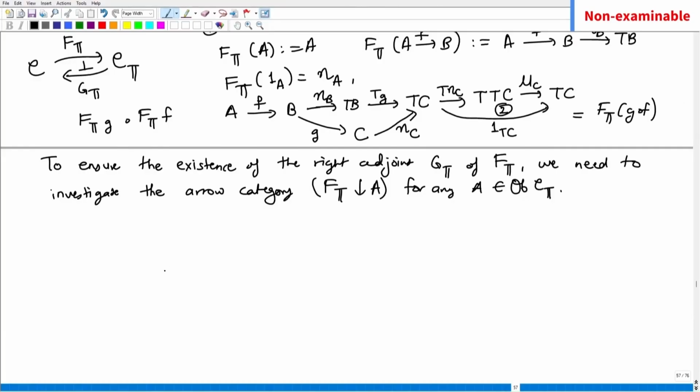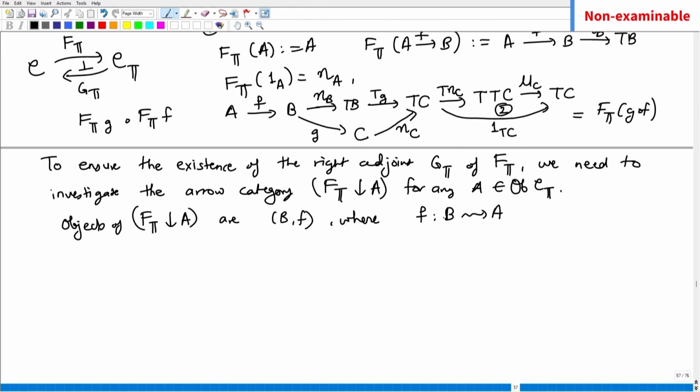Okay, so what are the objects of the arrow category? Well, they are B comma F, where F is a zigzag morphism from B to A in CT.